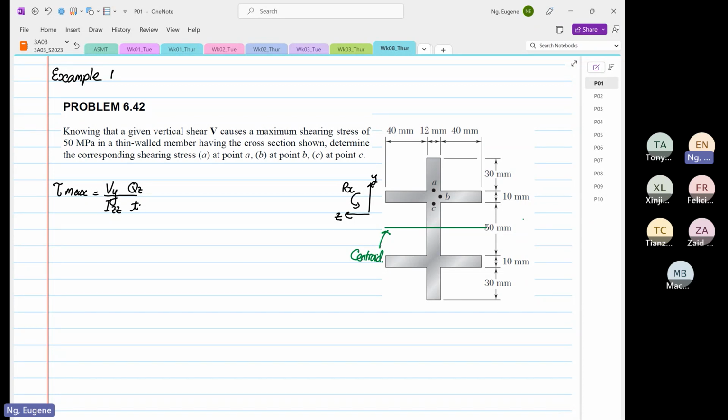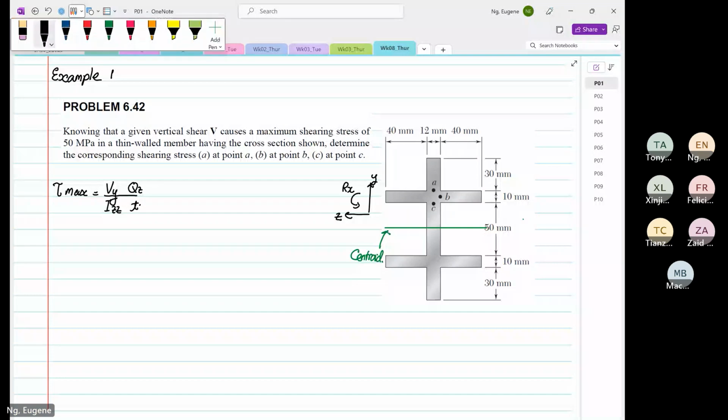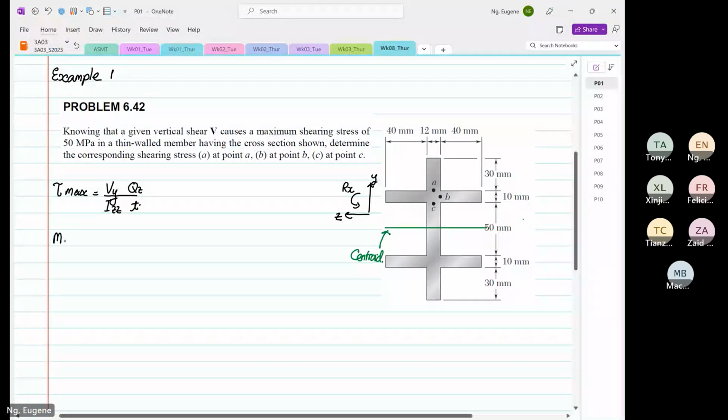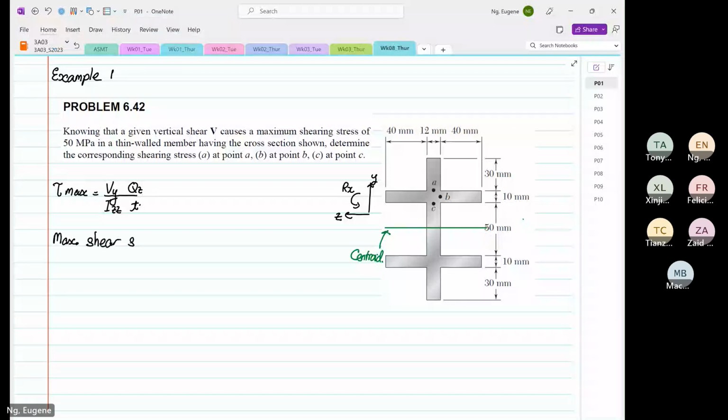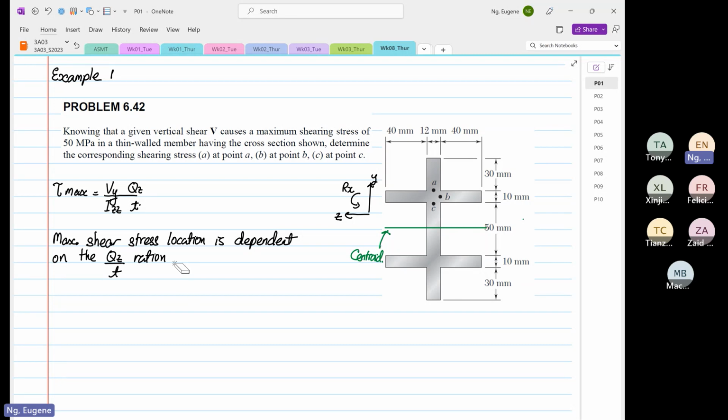Okay, so the maximum shear stress location is dependent on the Qz over t ratio for thin wall.